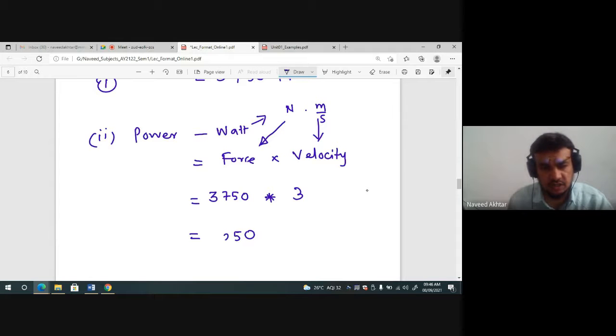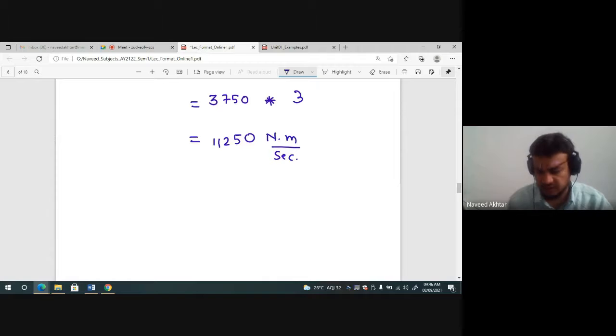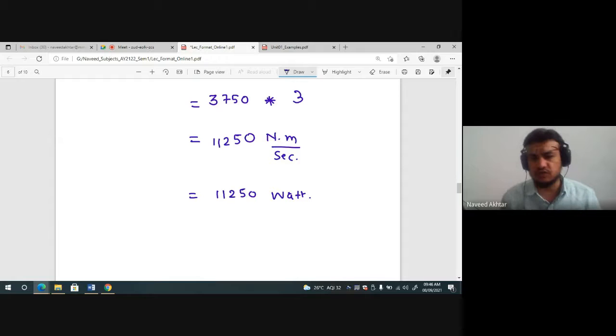This is 11,250 Newton meter per second, which will be the power to maintain the 3 meter per second velocity, or you can write 11,250 watt. 11,250 watt. So this is the solution of our first example.